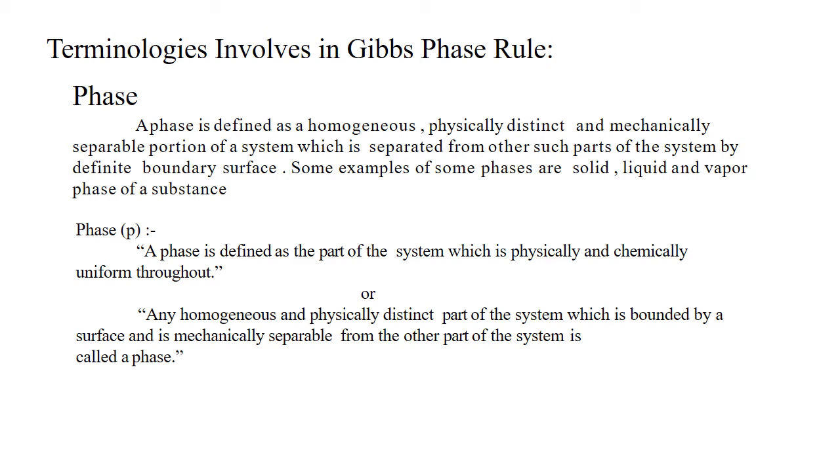What is phase? We can define the phase like this. A phase is defined as part of the system which is physically and chemically uniform throughout. There are many definitions to describe the phase. You can learn all of these, or you can learn any one of them. Or phase can be defined as any homogeneous and physically distinct part of the system which is bounded by a surface and is mechanically separable from the other part of the system is called a phase.